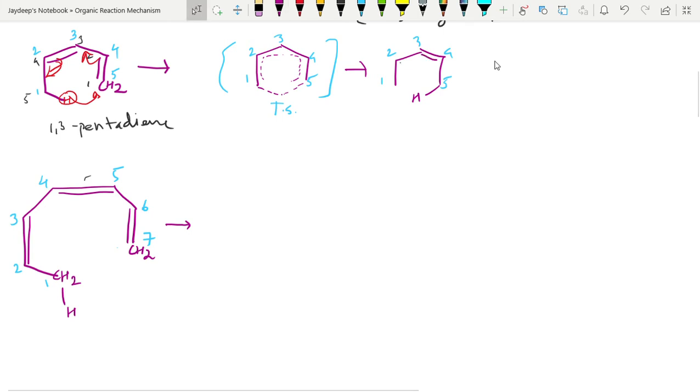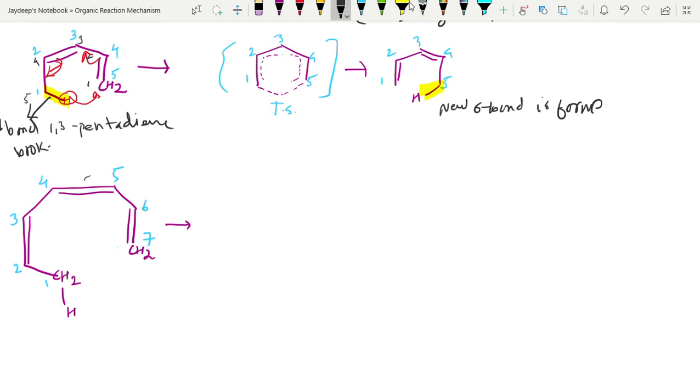You can see that this bond is broken and this new sigma bond is formed. So again one sigma bond is broken and another sigma bond is formed. That is the characteristic of sigmatropic rearrangement.